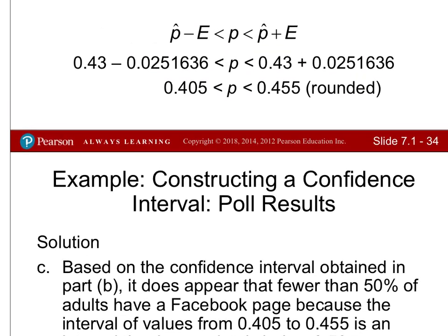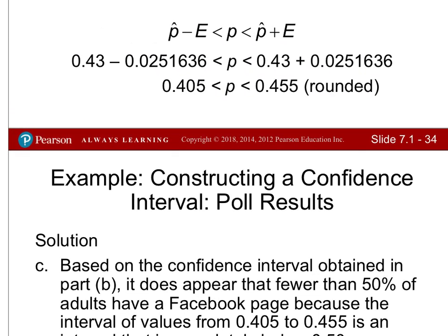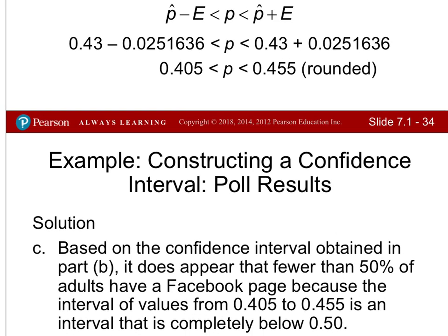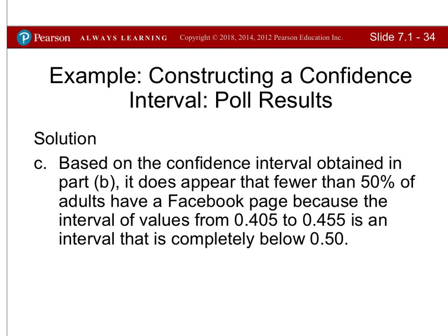Okay, so look, our interval ranged from basically 40% to 45%. And remember, this is a 95% confidence interval. So we're 95% confident that the true proportion of adults that have Facebook pages is between 40 and 45. So look, the question that we were asked is, does it appear that it's fewer than 50%?